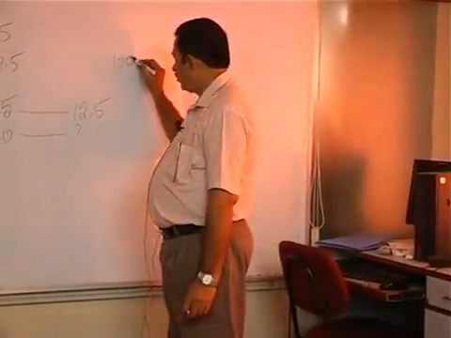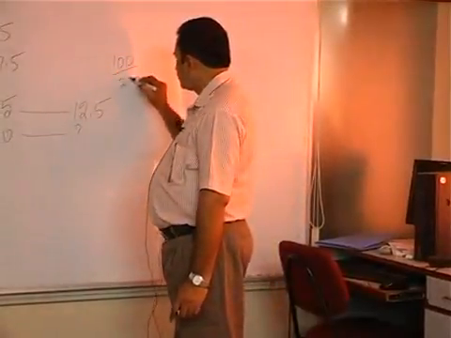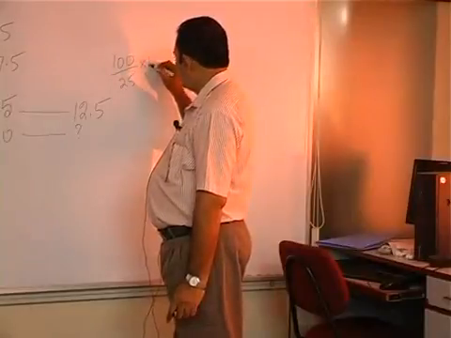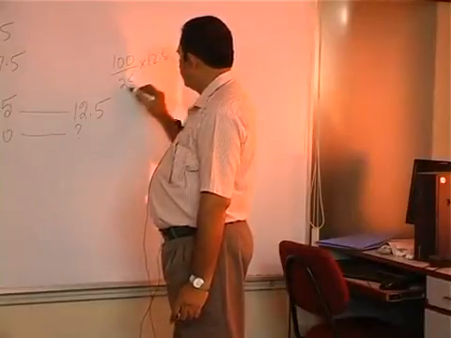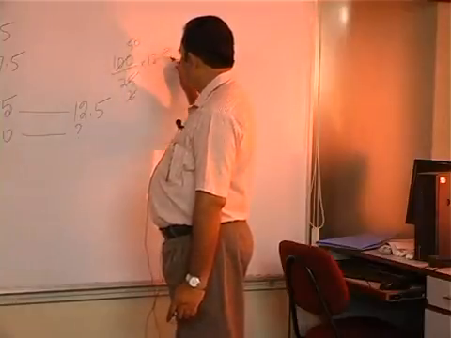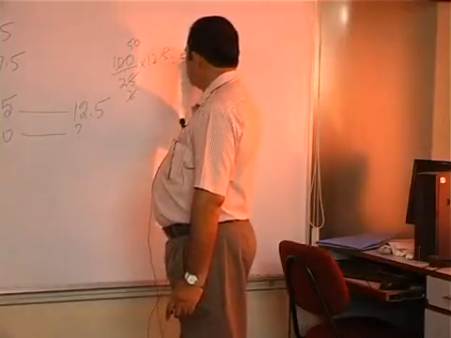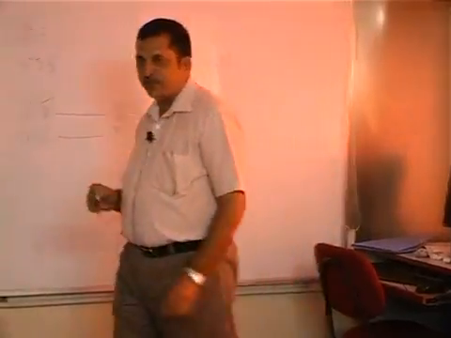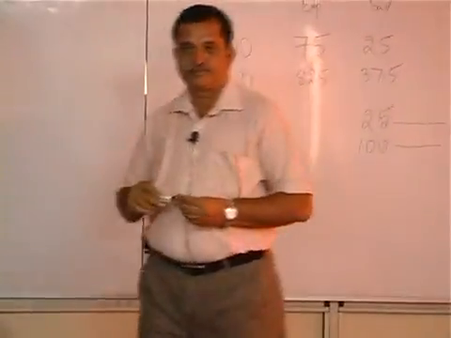It will be more. More by less into 12.5. 12.5 twos, 250s. So her savings are increased by 50%. Clear?